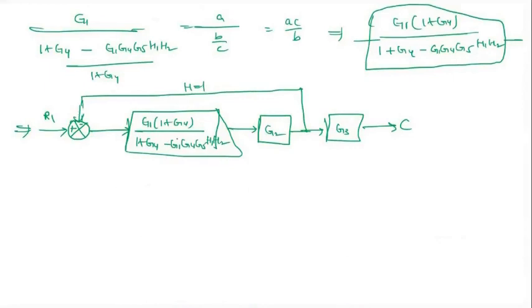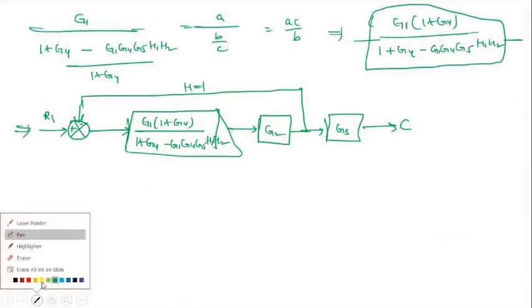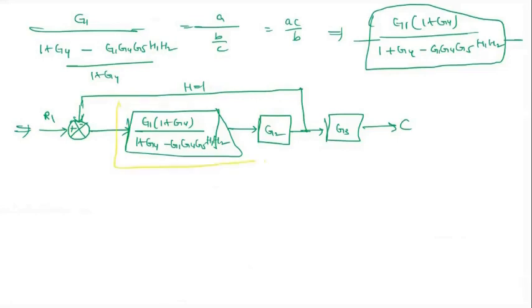First, these two will be cascaded, right? Let me draw that. These two will be cascaded. I'm using yellow color. Yellow color is cascaded. Cascade means just multiplication. What is the resultant?